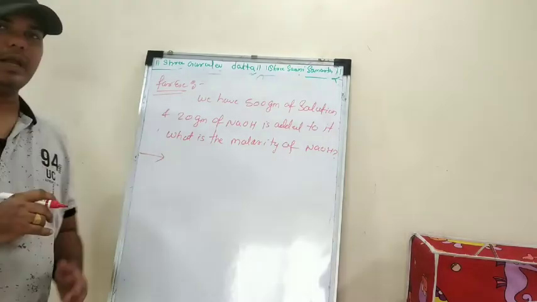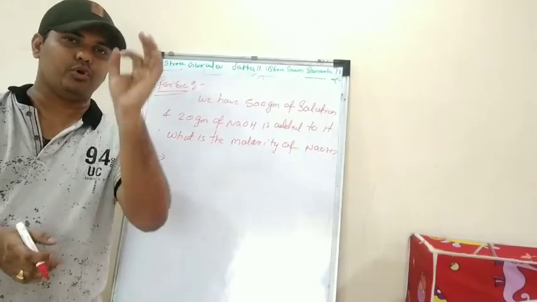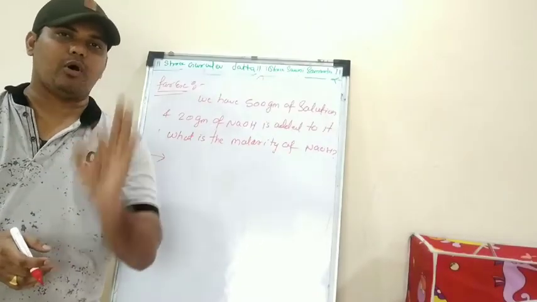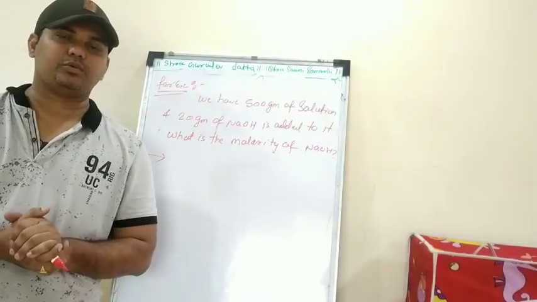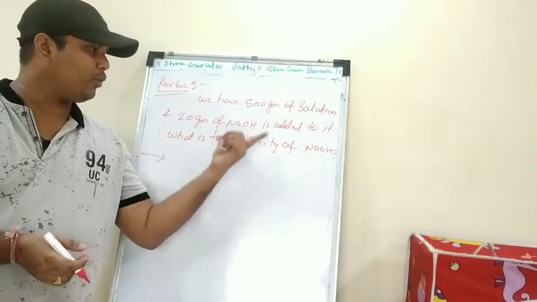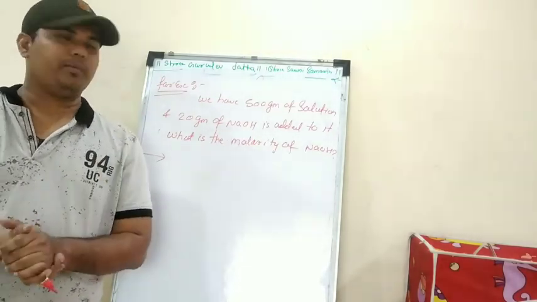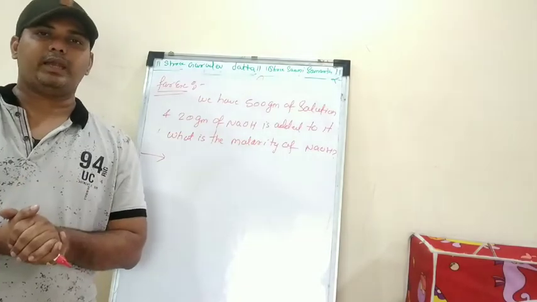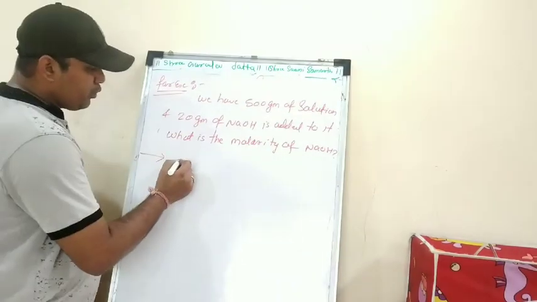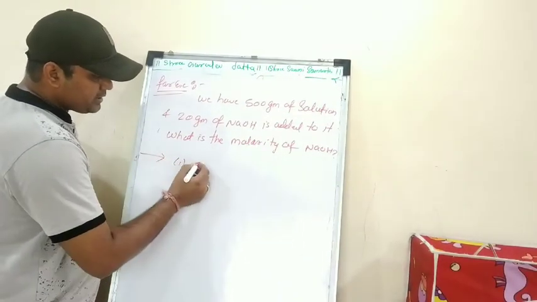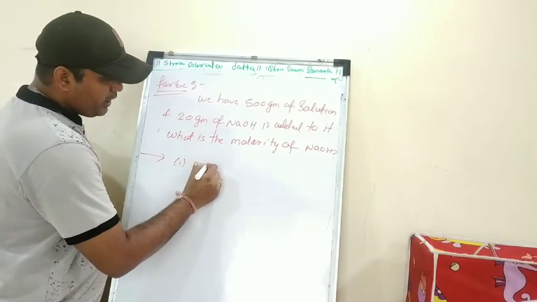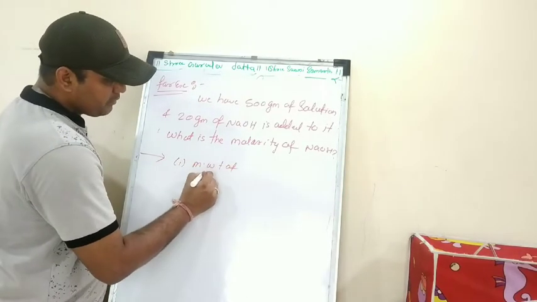See, in order to calculate this, as I told you, you should know the concept of mole. Until and unless you know how to calculate the total number of moles present in NaOH, you will not be able to calculate the molarity. Now let's first calculate the mole. So here in this case, what will be the molecular weight of NaOH?